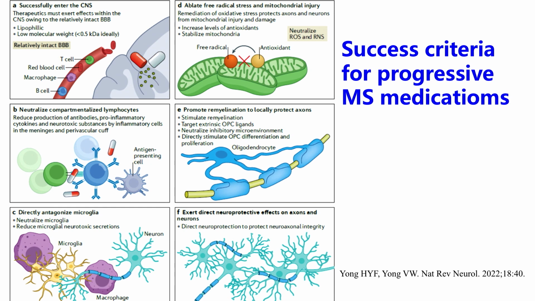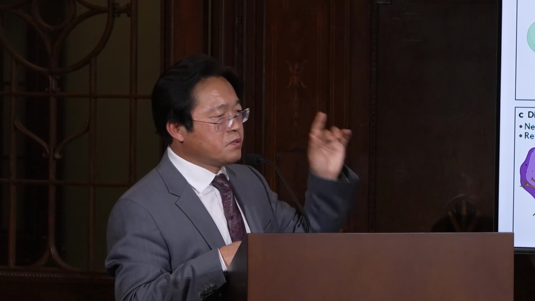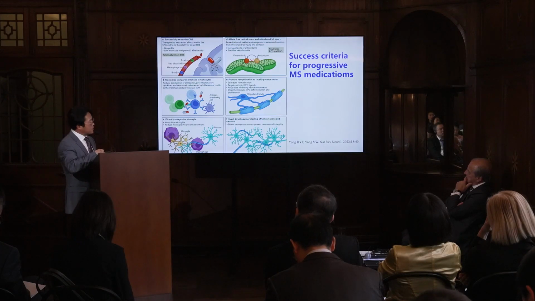If you want to slow the neurodegeneration, the medication has to be able to penetrate the brain, which has been alluded to by several other speakers as well.